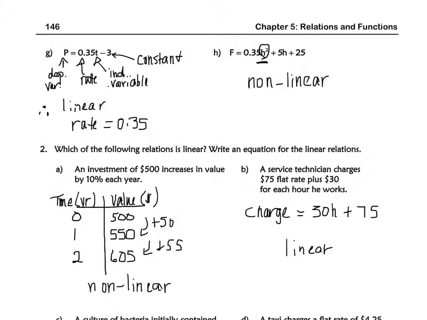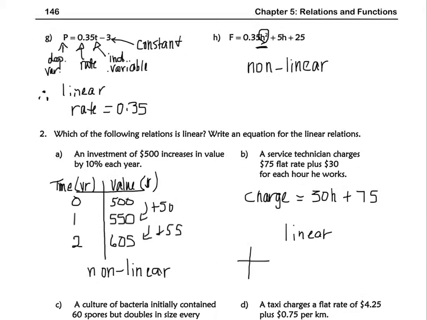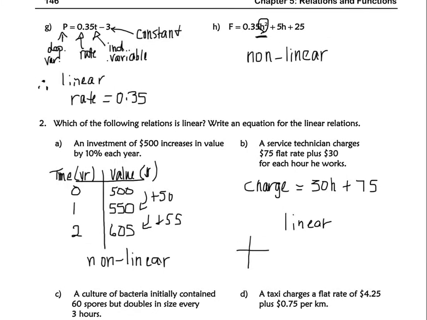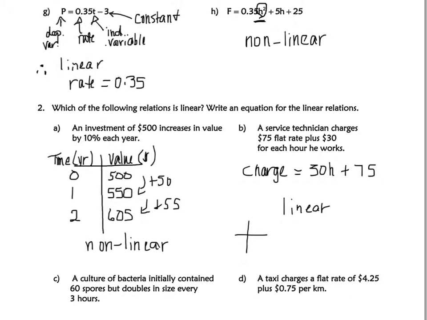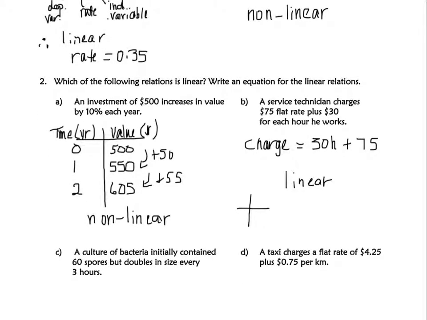Now, if you're not convinced with that, you can do a table of values, and you could just take a couple of times. The charge would depend on the hour, how many hours worked.